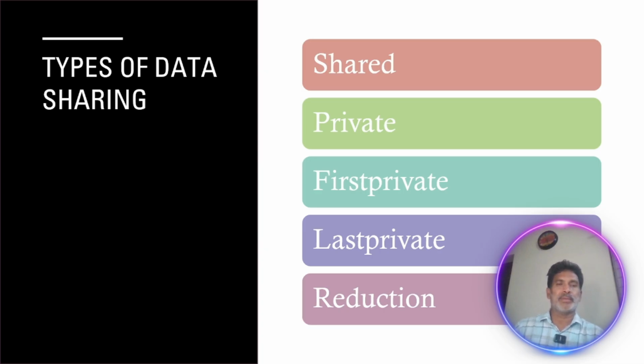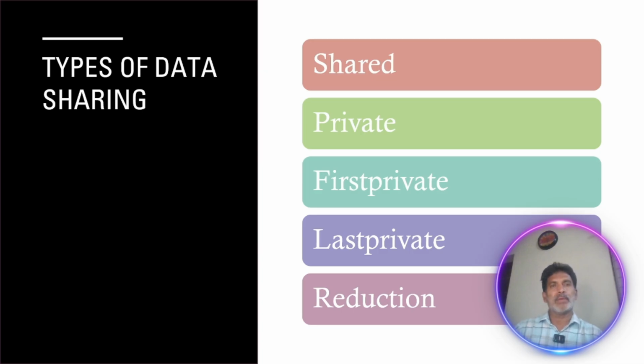Firstprivate and lastprivate are special cases controlling initialization and the final values. Properly defining the data environment is essential because it prevents race conditions and data conflicts, ensures correct and predictable results, and improves parallel performance. So the data environment is a fundamental concept that controls how data is managed in a parallel program, ensuring safe, efficient, and accurate execution across multiple threads.